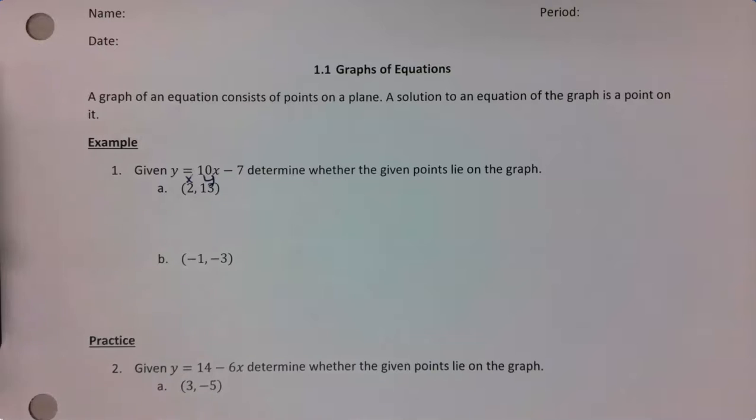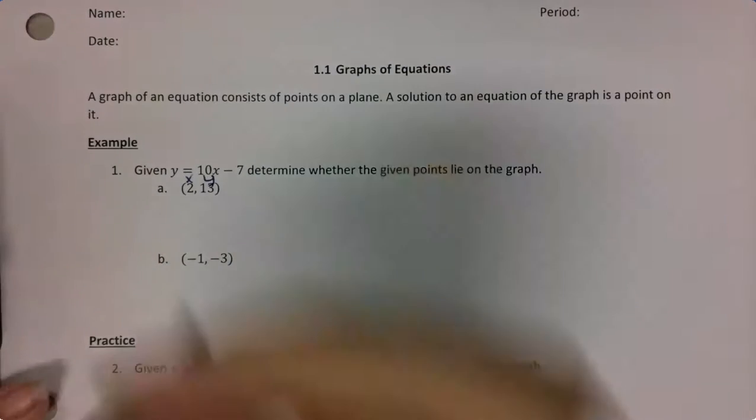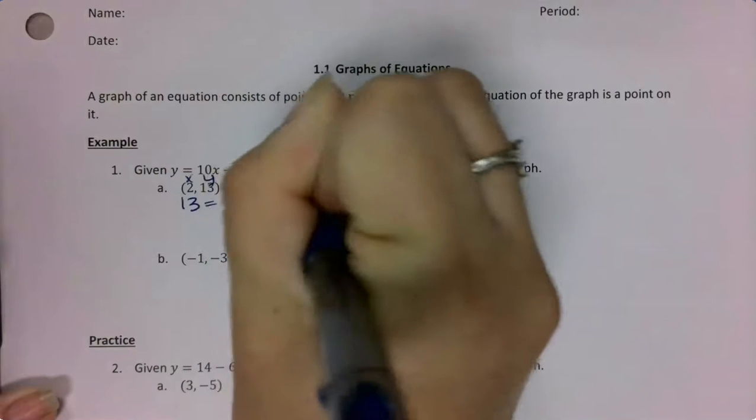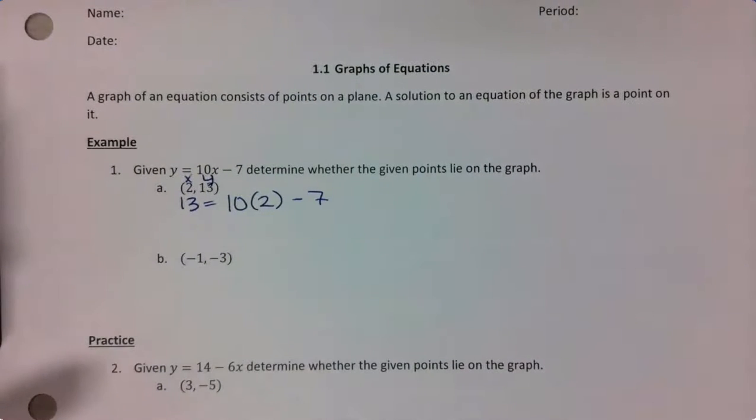So what I want to do is plug in these numbers for x and y. I'm going to have 13 equals 10 times 2 minus 7, and see if those two are equal.